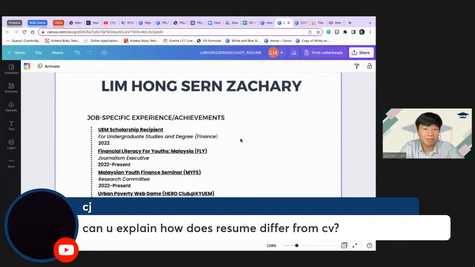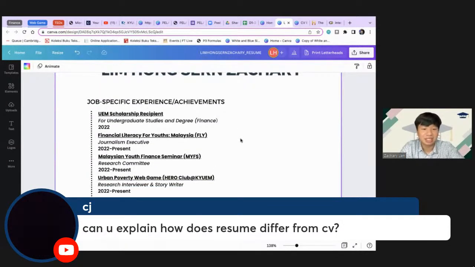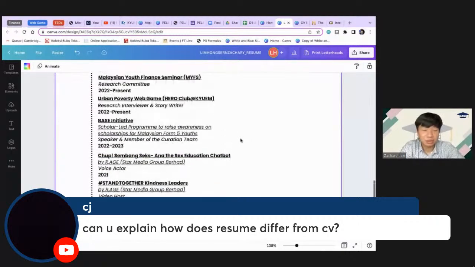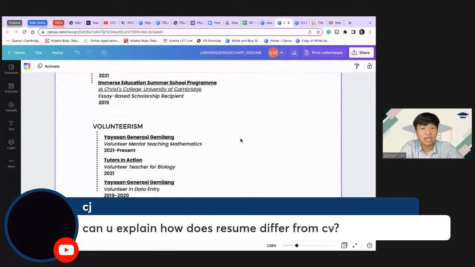So for example, I am still a journalism executive at Financial Literacy for Youth, Malaysia, and I'm also a research committee member at the Malaysian Youth Finance Seminar. The last thing I included was volunteerism because I felt that it expresses who I am as a person. I love teaching and I love helping people, so I volunteer as a teacher to teach underprivileged students.